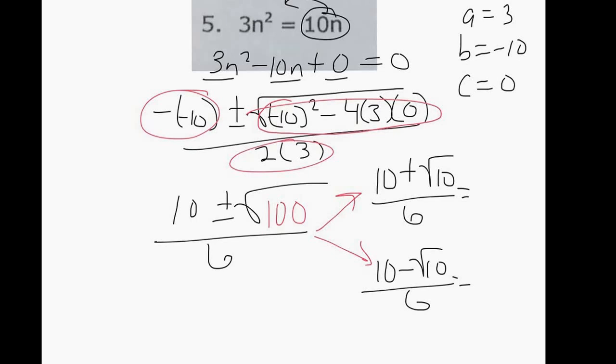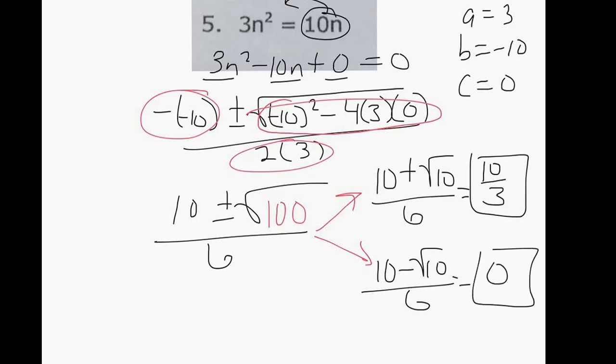I get a decimal, but it's not that bad of a decimal on this one. And so it does convert to be 10 thirds. 10 minus the square root of 100. That becomes 0 divided by 6 is still 0. So those are my two answers for that one.